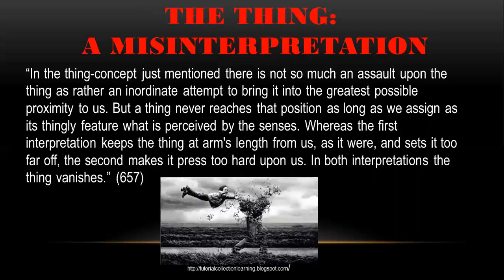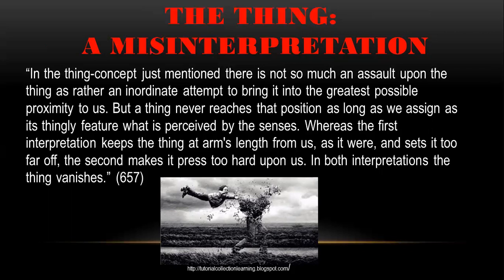Okay. So in the first interpretation, he says that we keep it at arm's length. Remember, the first interpretation is this object, this substance with accidents, with qualities. The granite has a shape, a color, a weight. All those are properties that are hoisted upon its substance, its being. It's just there, right? It's brute presence.